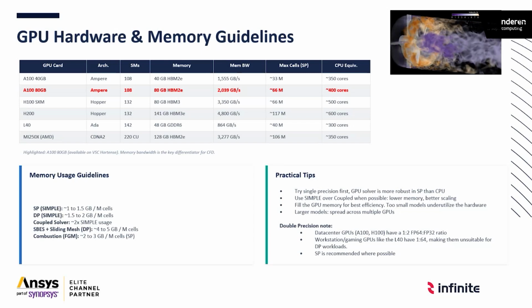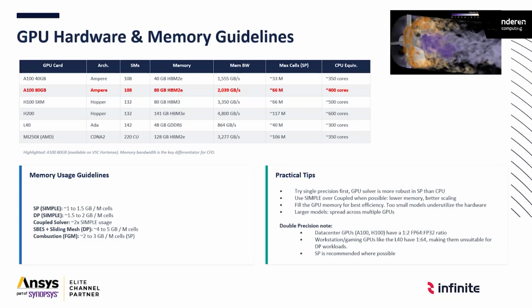So of course, the GPU is a very promising story, but like I said, everything is done inside the GPU. So we also have to look at the memory of the GPUs. Also, that is increasing, but sometimes if you go to big meshes, that's something to take into concern. Some general memory usage guidelines.